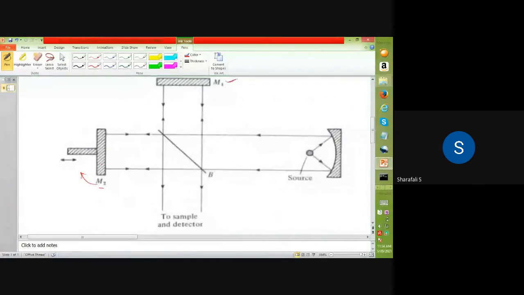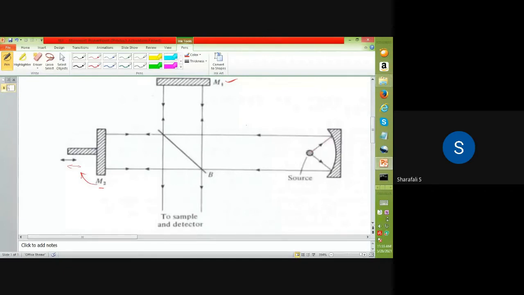This one can move longitudinally; consider this diagram, it can move in this direction. Okay. And the IR source will be this heated filament, or we can normally use a heated filament. Okay, and from that filament, the radiation will be coming out.